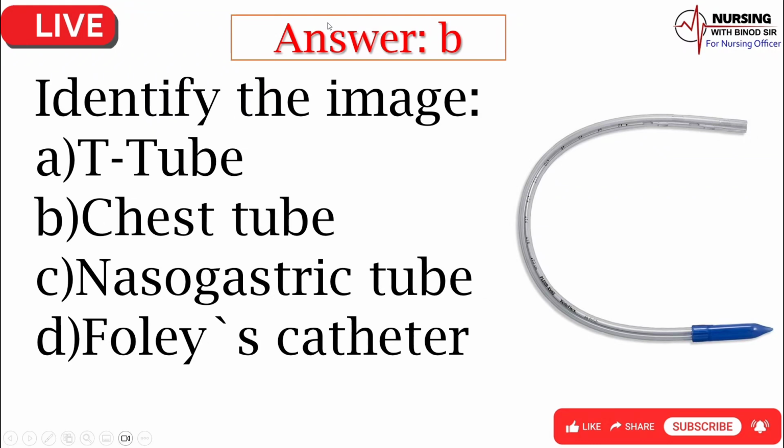Common uses of chest tubes include: 1. Pneumothorax, collapsed lung. 2. Pleural effusion, fluid buildup in the pleural space. 3. Hemothorax, blood in the pleural space in cases of trauma or injury. A chest tube can drain accumulated blood. 4. Empyema, infection with pus in the pleural space.